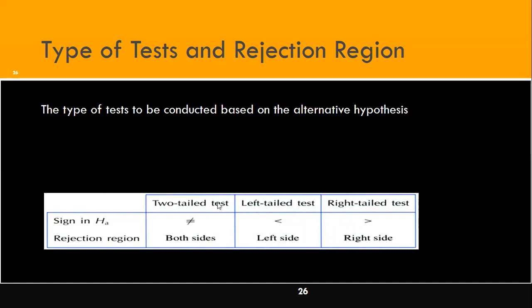Whereas here you are very particular about less than the quantity they mentioned on top of the packet. So in the alternative hypothesis, you need to use not equal to, less than, or greater than. In the case of the right side, you need to use greater than.